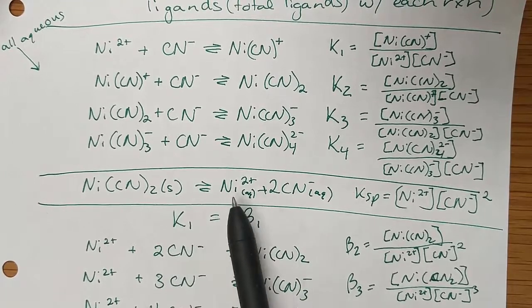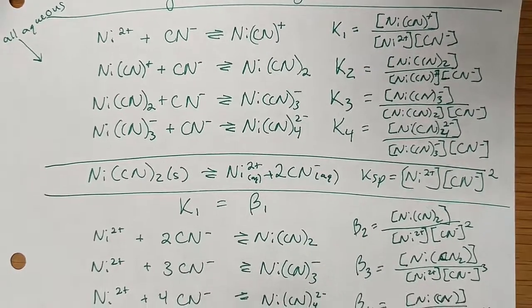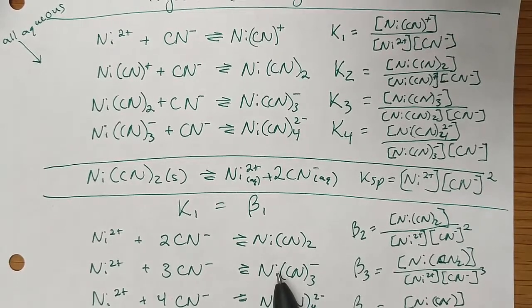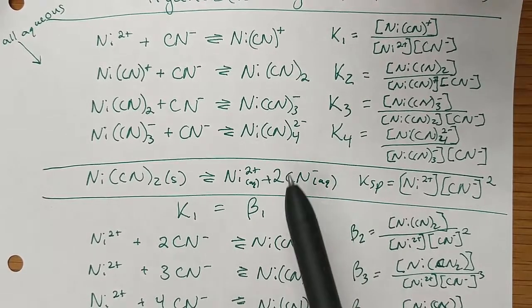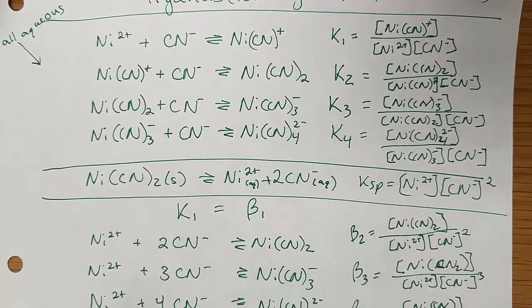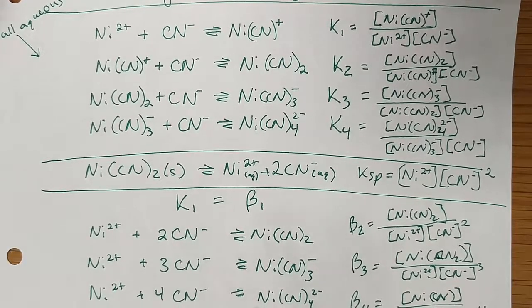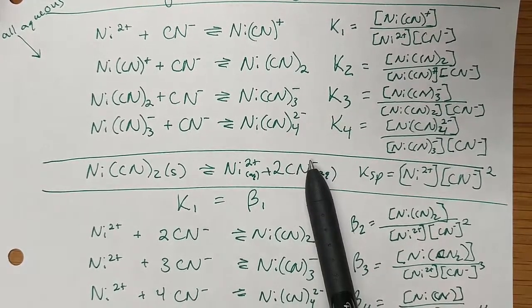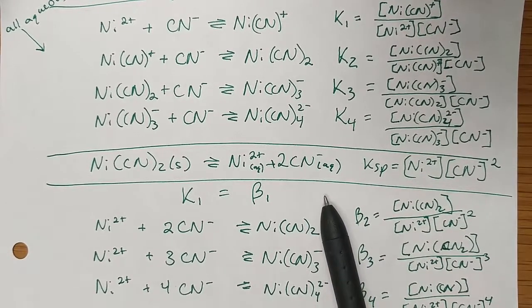You have a lot of nickel, you have a lot of cyanide, and then all of these complexes also exist in aqueous solution. And so it's a question of how much of each species is present in each form, because that might have a big effect on how you're able to analyze the concentration of the metal, in addition to what the effects of it are in whatever it is that you're studying.